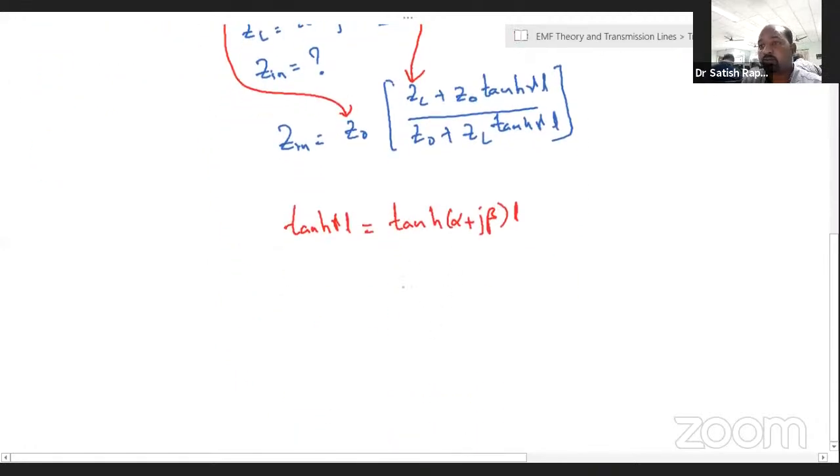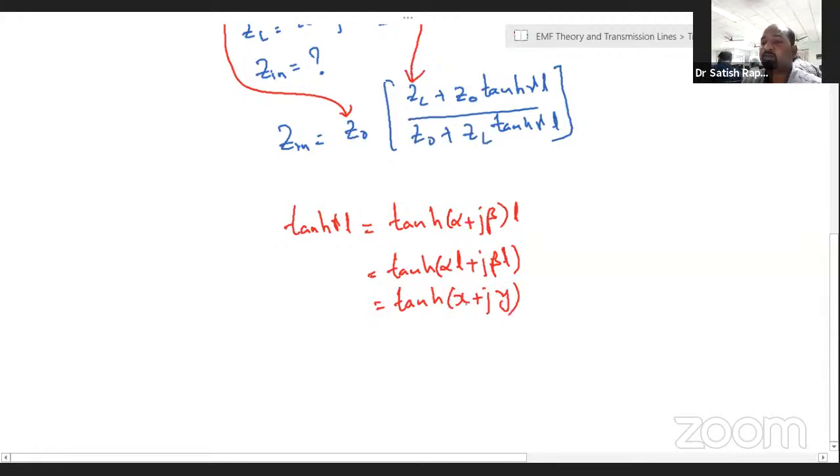So therefore, this is equal to tanh of alpha L plus j beta L, and this is in the form of tanh of x plus jy.